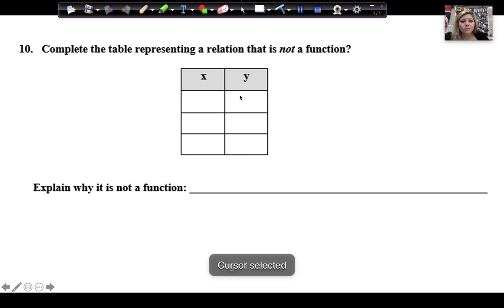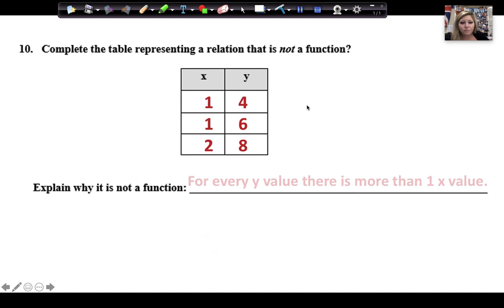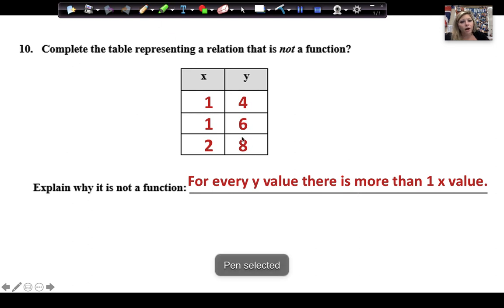So here is another example of that. For every y value, there is more than one x value. So as long as yours had that, then it would be correct. It doesn't have to be these same exact numbers.